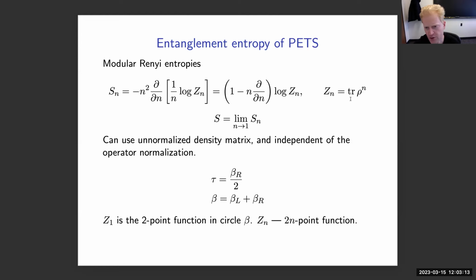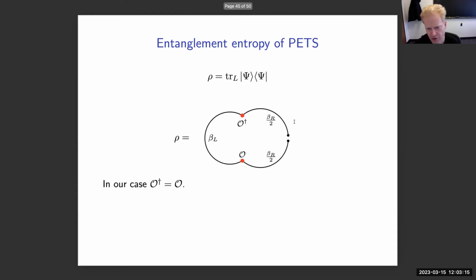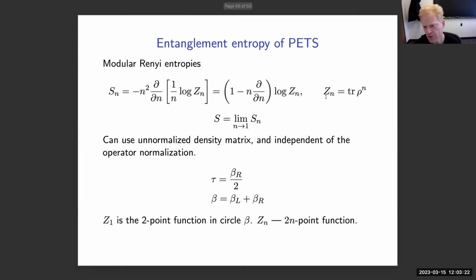For n equal to 1, we just take a trace of rho, connecting these 2 points, and we get a 2-point function of this operator O. For other n's, Zn will be a 2n-point function. This version is convenient because the entanglement entropy is still the limit of n going to 1 of these modular Renyi entropies, but the advantage is that it's unaffected by the normalization of rho. So we can also use an unnormalized density matrix if we want.